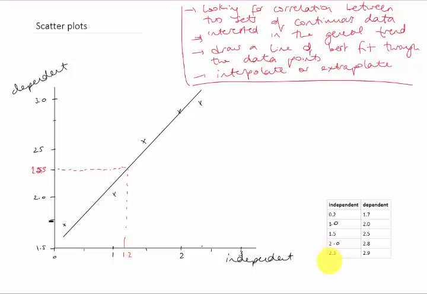So this would be an interpolated data point. Sorry, I've written this the wrong way around: 1.2, 2.25, something like that.